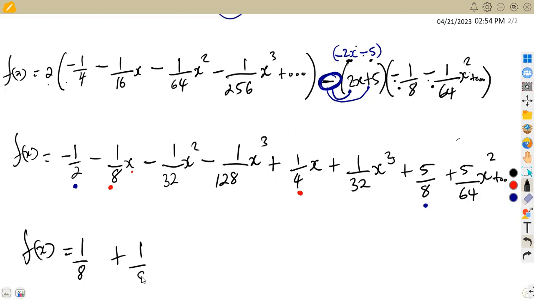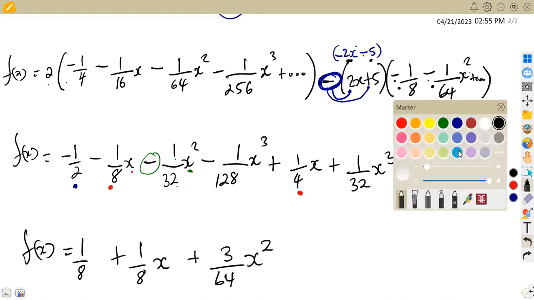Just cross-check also with your calculator. We move on to the x to the exponent of 2. In this case, we've got -1/32 and also a plus 5/64. If we add this, it gives us 3/64x to the exponent of 2.